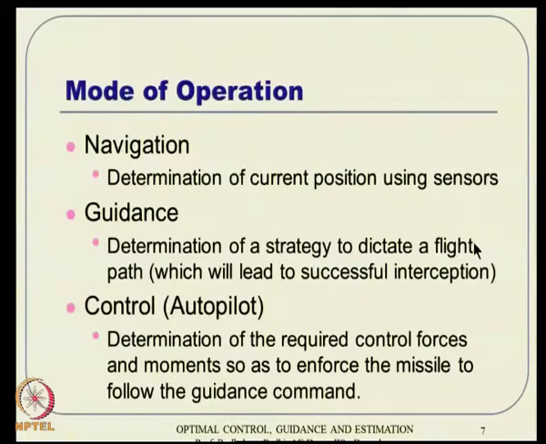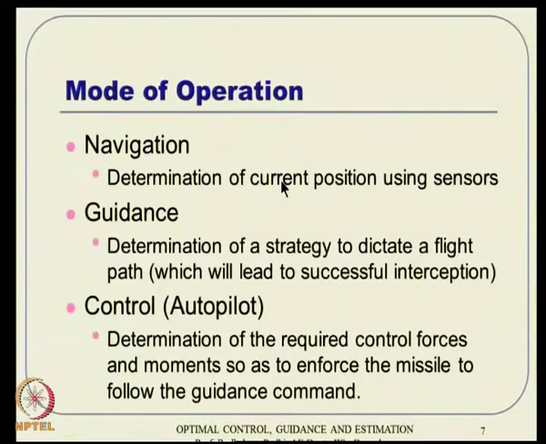Alright, modes of operation. Typically, we are not bothered too much about propulsion and structures. We are bothered about navigation, guidance and control. That is the primary motivation for us. Navigation is nothing but determination of the current position. Using some sensors, it finds out where the current location is, typically in the inertial coordinate frame.